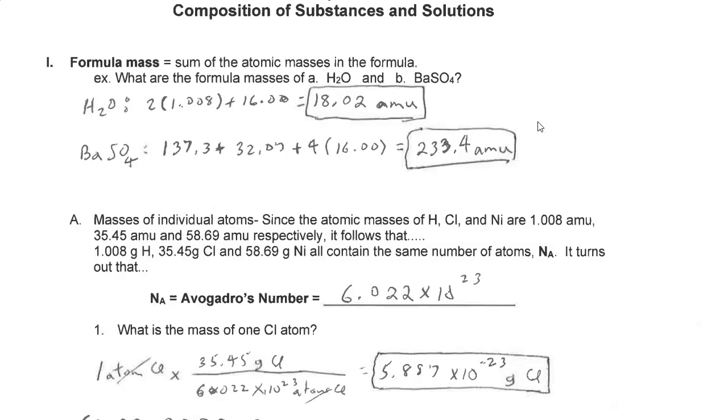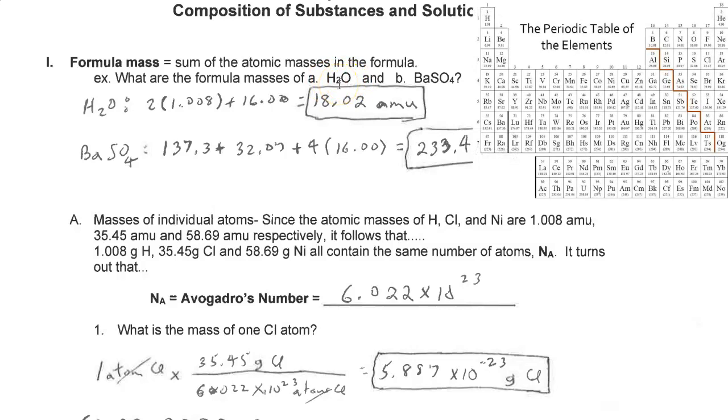So formula mass is basically the weight of a molecule, just like atomic mass is kind of the weight of an atom. So formula mass is equal to the sum of the atomic masses in the formula. So let's say, for example, I had a water molecule, H2O. All right. Do I have H2O in my periodic table? Well, no, H2O is not in the periodic table. So how am I going to figure out how much a water molecule weighs?